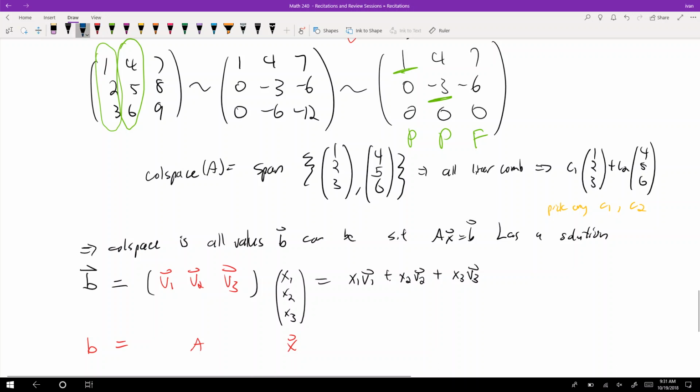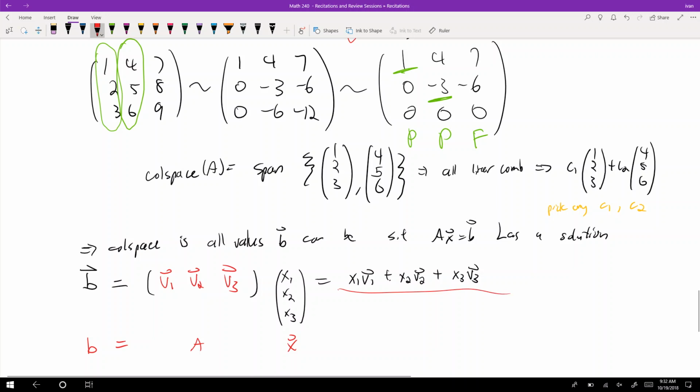So what are x1, x2, and x3? Are they a vector, a matrix, a scalar? They're all scalars, because they're inside the vector.